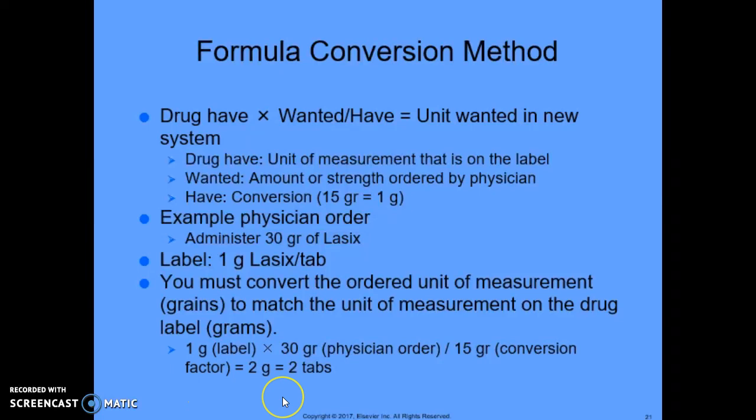But bottom line is, we're taking what the doctor has ordered, we're looking at what we have on hand, we're making any conversions that we need to make, and then we're calculating the amount so that what we have on hand equals exactly what the doctor ordered.